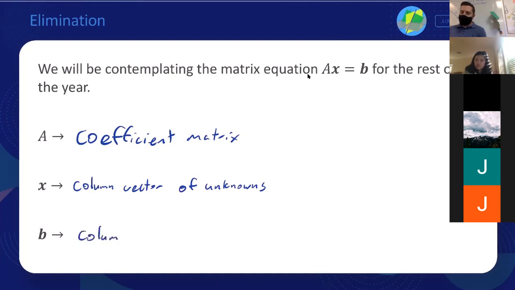And then b will also be a column vector of scalars. Okay, basically when we have our system of equations, b will be all the stuff that doesn't have a variable in it that we move to the other side of the equation. Something x plus something y plus something z equals something. It's that stuff on the other side of the equation from all the x's, y's, and z's. That's what we're putting into b, the scalars that we're setting our equations equal to there.